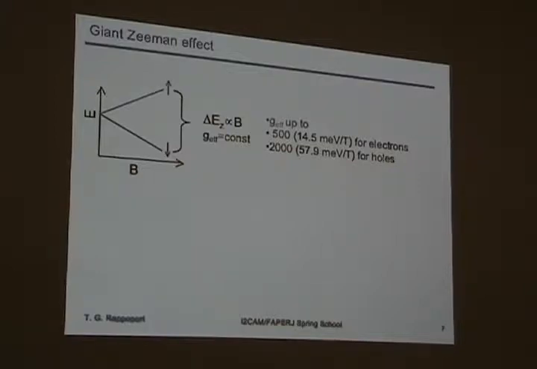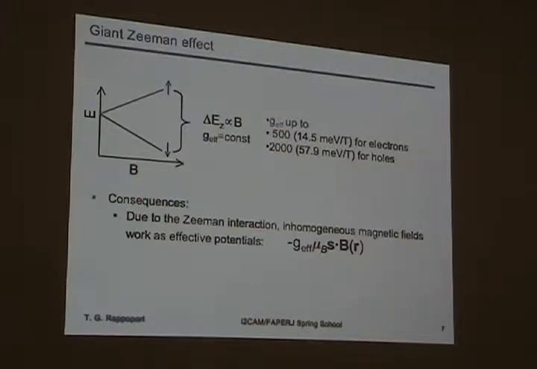And this is the main feature we want to use when we study hybrids. Why? Because if we think about the Zeeman interaction, and instead of a constant magnetic field you have an inhomogeneous magnetic field, this inhomogeneous field will work as an effective potential that can trap. Imagine that we have a basket like this as a field.